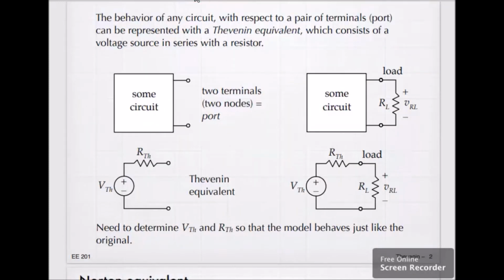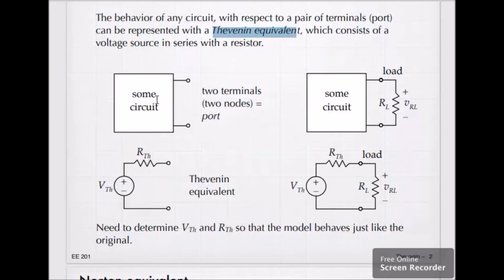It says here that the behavior of any circuit with respect to a pair of terminals, which we call a port, can be represented by a Thevenin equivalent, which consists of a voltage source in series with a resistor.